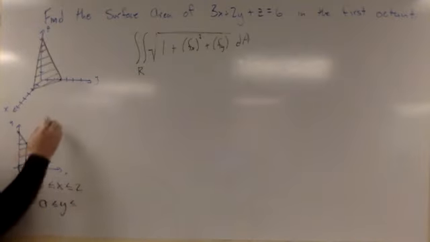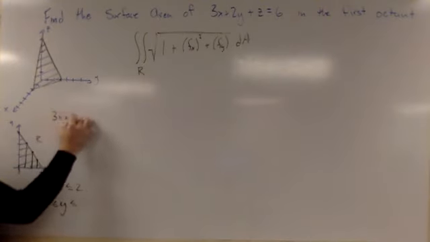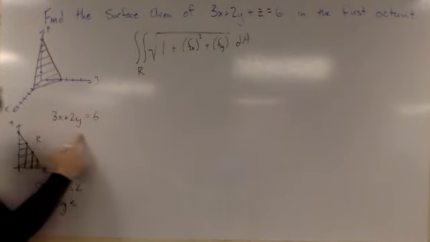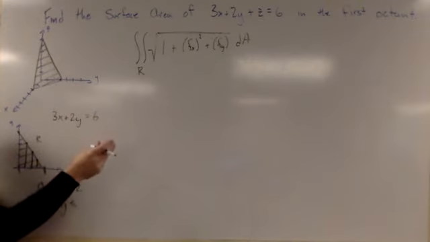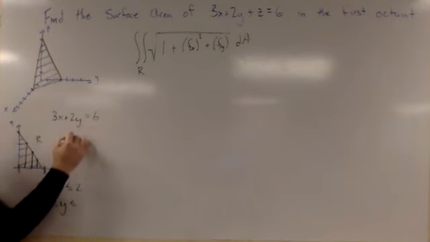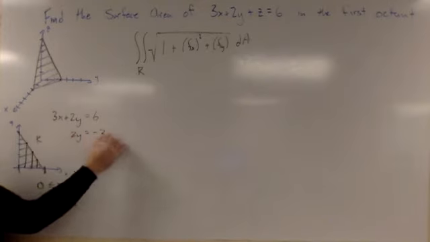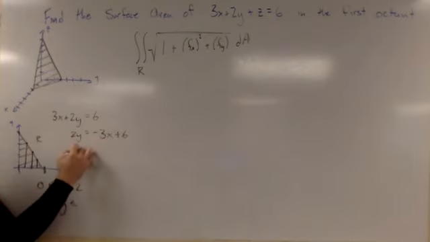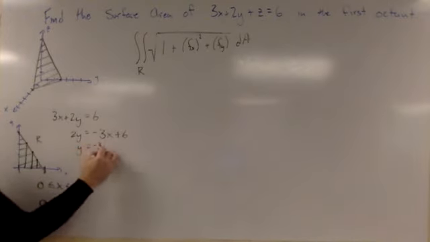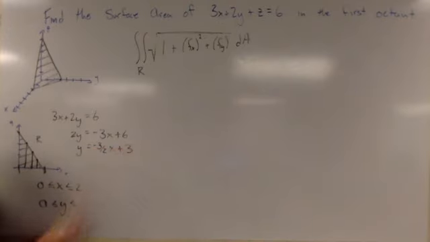So let's see. That's the relationship that we're given. I can just set z equal to 0. That allows me to write this: 2y equals minus 3x plus 6. So y is minus 3 over 2 x plus 3.